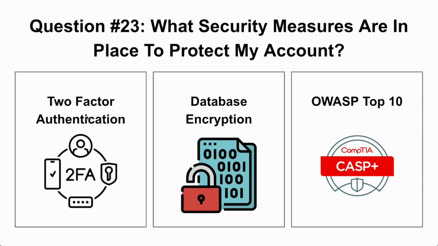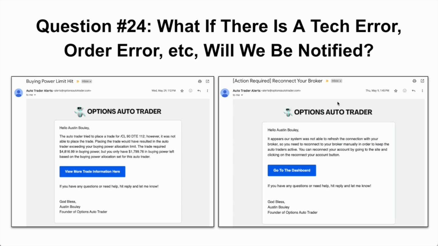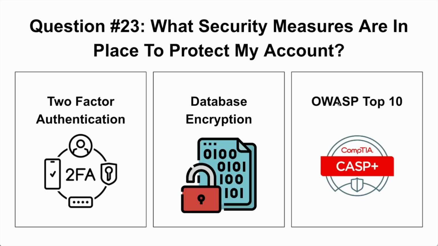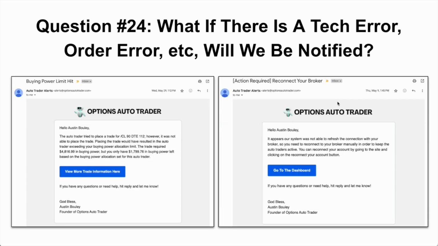So guys, your account is protected by 2-factor authentication, database encryption, and has all the best security practices built in based on the OWASP top 10 report. So again, security and execution is my problem. I worry about it all the time so that you can focus on creating the best auto trader to make you money with.